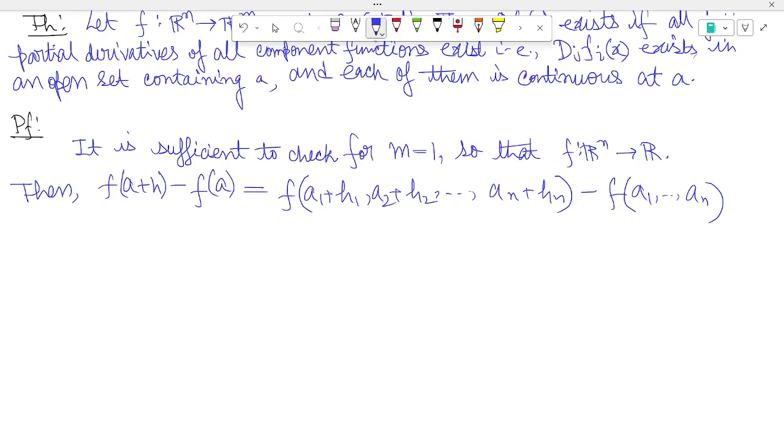Okay, now plus and minus some quantity, the same quantity. Then this is equal to, I am adding and subtracting the same quantity. Okay. First of all, everything is fine. Now I am subtracting this plus.